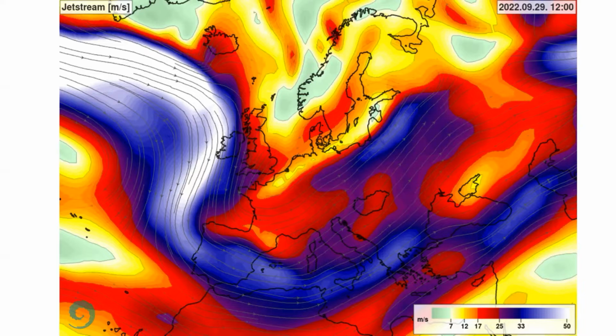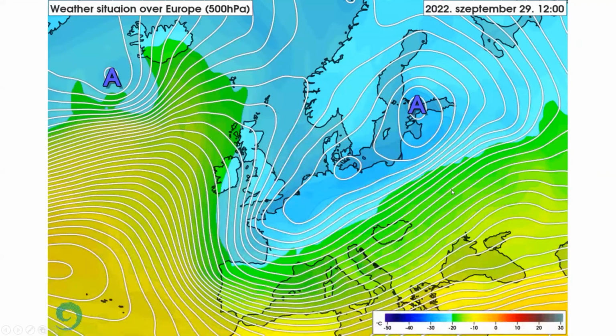And this trough, we can see this trough in this image. I would like to show this long wave deep trough, and this trough reached down to North Africa and Central Europe.